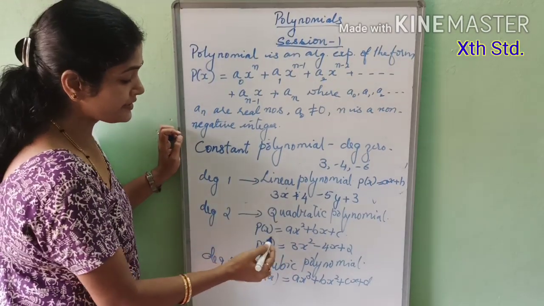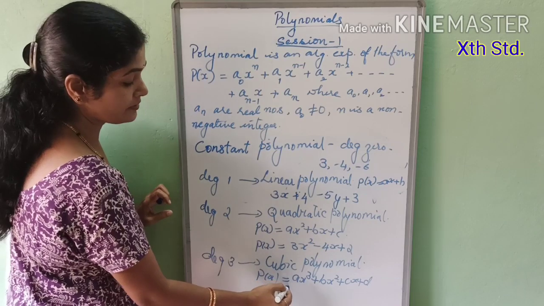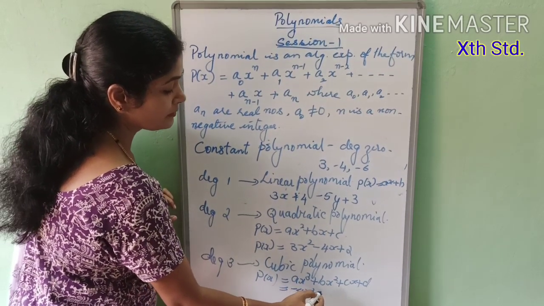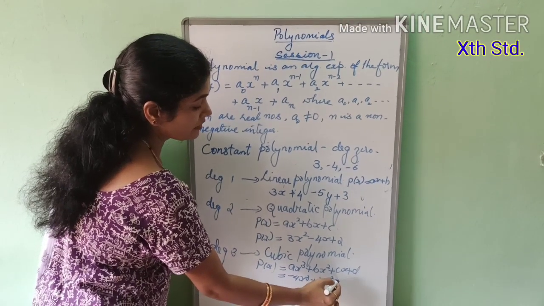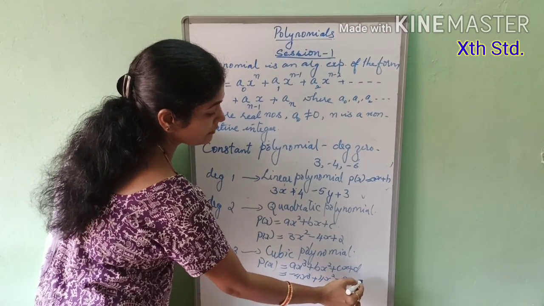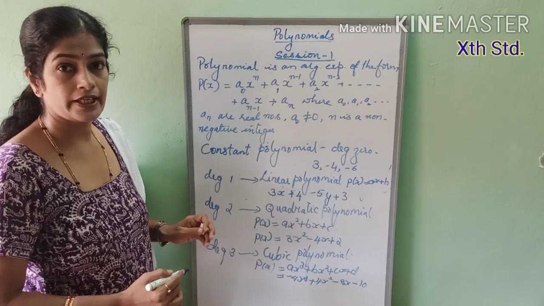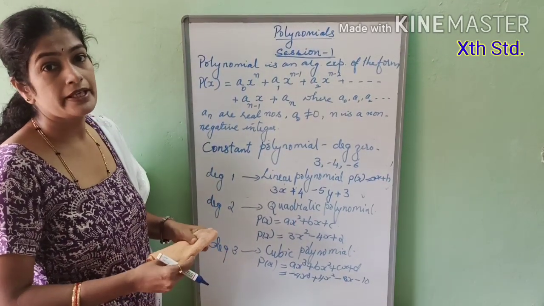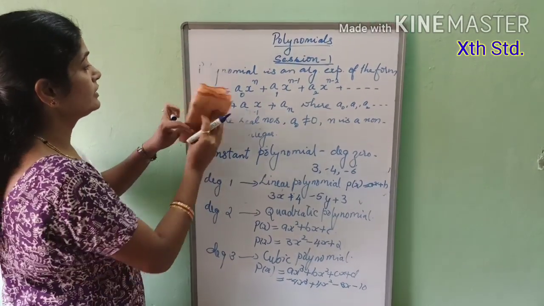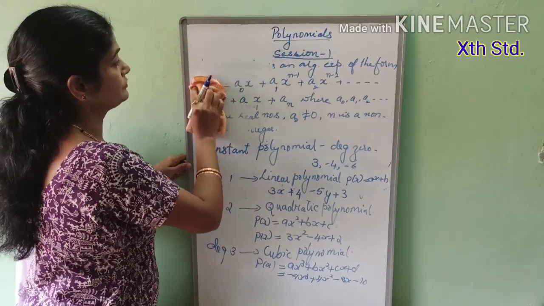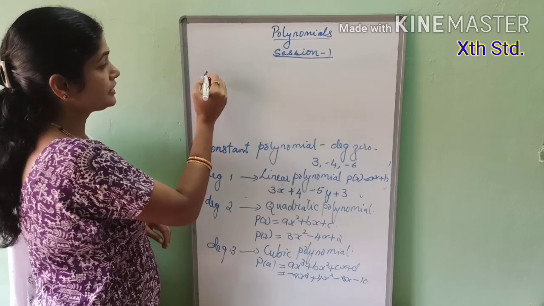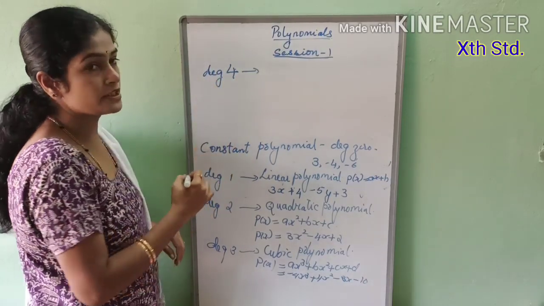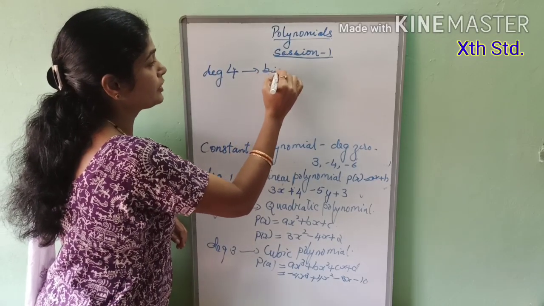An example can be minus 4x cube plus 4x square minus 3x minus 10. Now if the degree of a polynomial is 4, then it is called a biquadratic polynomial.